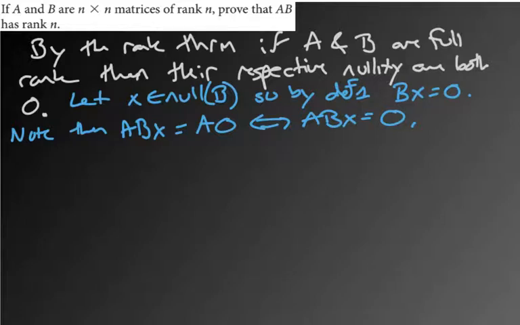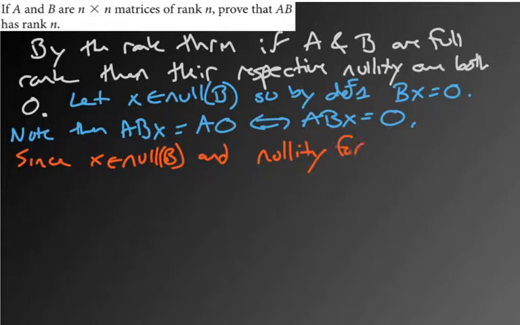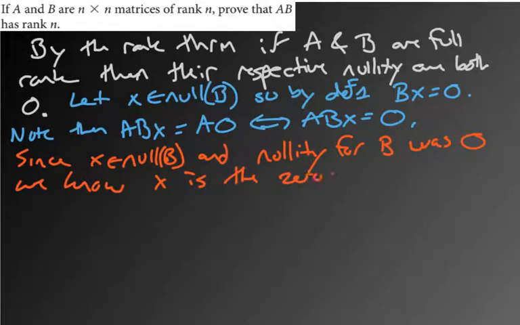So you can just say, since x was in the null space of B and the nullity for B was 0, we know x is the 0 vector.